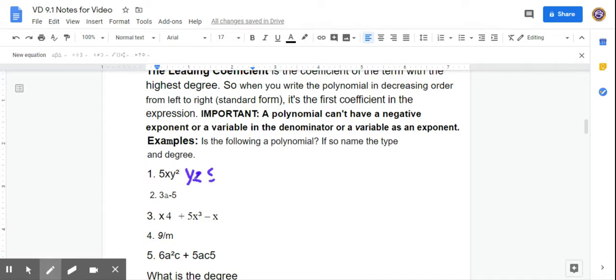It is one term, so it is a monomial. Its degree, remember we add the exponents, so the x has a 1, the y has a 2, so that's 3. So the degree is 3.